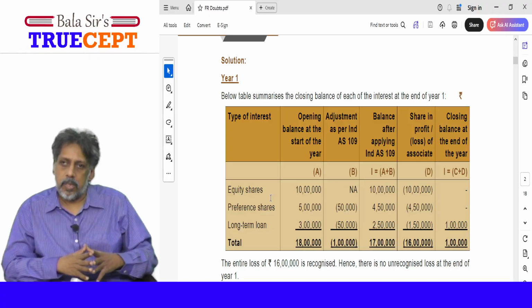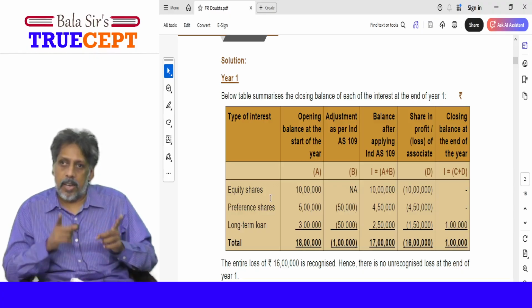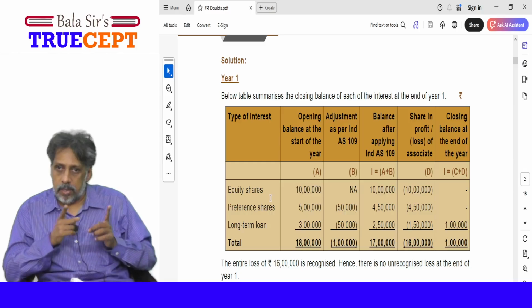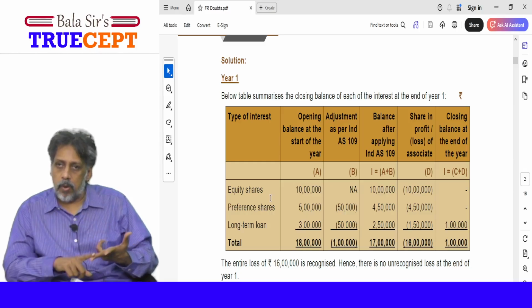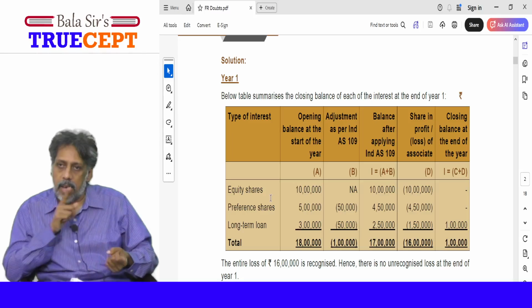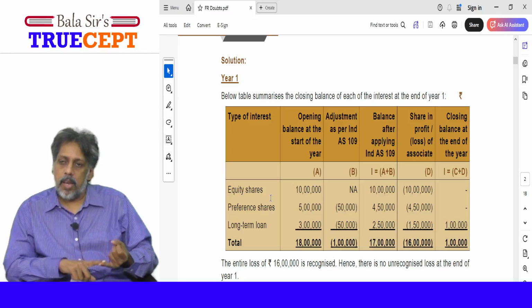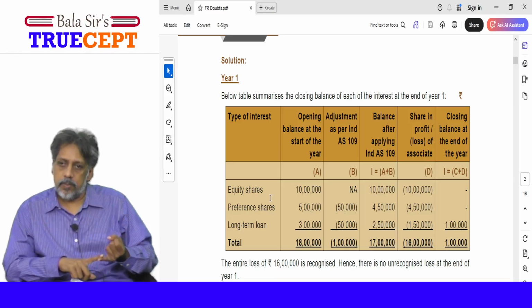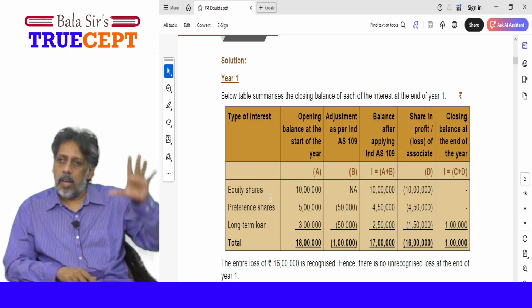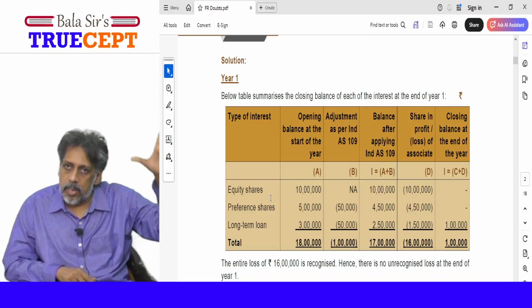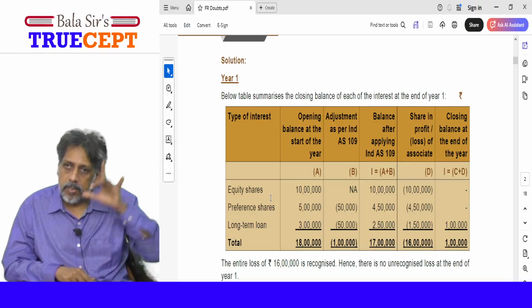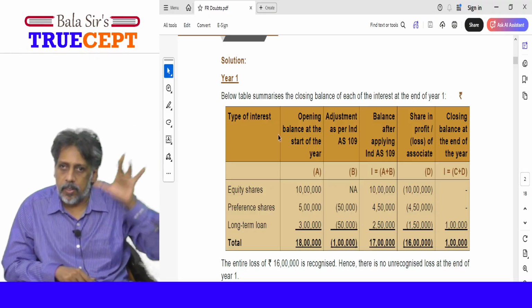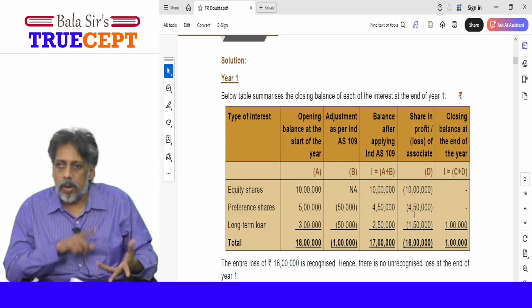Next, the long-term loan. But remember, you still have 1 lakh and 50,000 loss not yet recognized, right? The long-term loan, what is the amount? 3 lakh rupees. Minus 50,000 adjustment as per IND AS, impairment loss of 50,000. And balance after applying is 2 lakh and 50,000. Then 1 lakh 50,000 is the share of loss. Remember, of the 16 lakh loss, 10 lakh has been assigned already, another 4 lakh 50,000 assigned, the balance is 1 lakh 50,000.